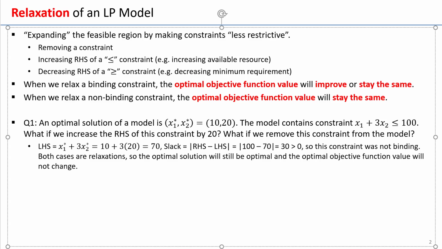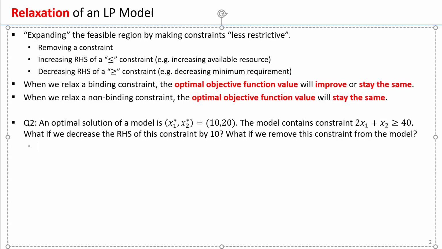It's still the same. Whatever it was, I don't actually know it, I don't have all the information about the model. But I know this optimal solution 10, 20 will still be optimal, and whatever the objective function value of it was, it will still be the same. And actually, I don't even care if it was maximization or minimization, it will not change.